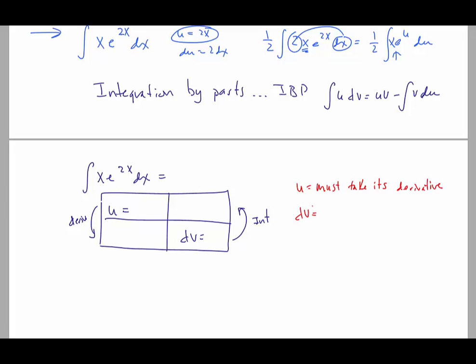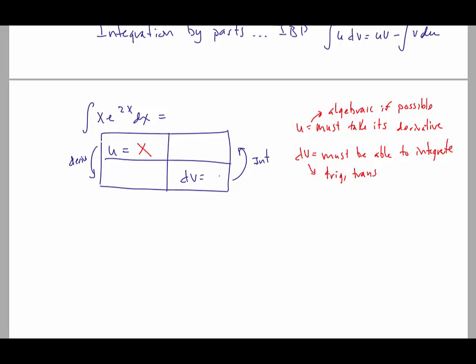Now for our dv, it has to be something you can integrate, because we're going to integrate up. So in this case, with our x here, that's usually our easiest case. So if we have an algebraic function, it fits really well with our u. But we don't always have an algebraic function, so it's algebraic if possible. And then our dv sometimes is either a trig function or a transcendental function.